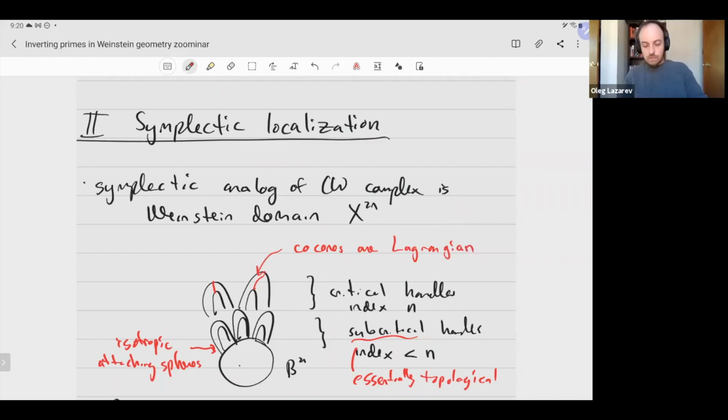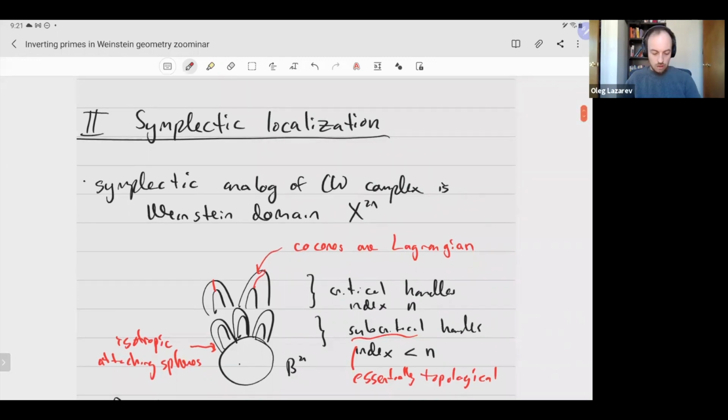A lot of the symplectic information of the whole symplectic manifold can actually just be read off from J-holomorphic curve invariants of just those cocores. So there's some decomposition of your symplectic manifold into these subcritical and critical handles, and the critical handles are the most important.